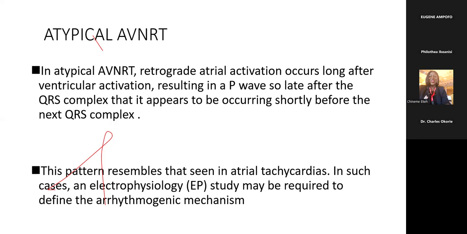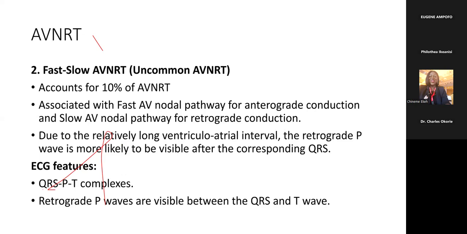So as I said, the fast-slow is an uncommon form, accounting for 10% of AVNRT, associated with the fast AV nodal pathway for antegrade conduction and the slow AV nodal pathway for retrograde conduction. Because of the relatively long ventriculoatrial interval, the retrograde P wave is more likely to be visible after the corresponding QRS.